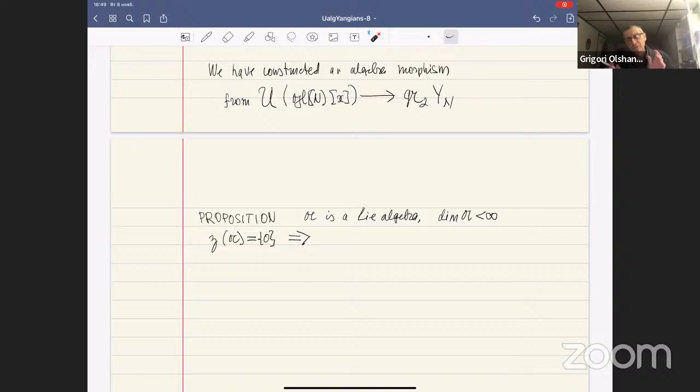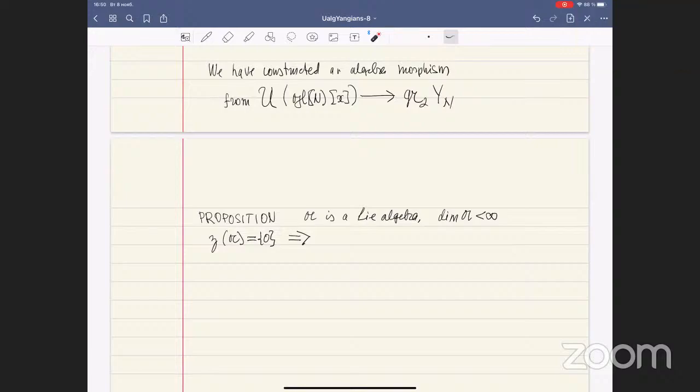This requires some work, but I hope it's correct, because on the left and on the right, okay, I agree, maybe this needs some justification, but I think it can be done.